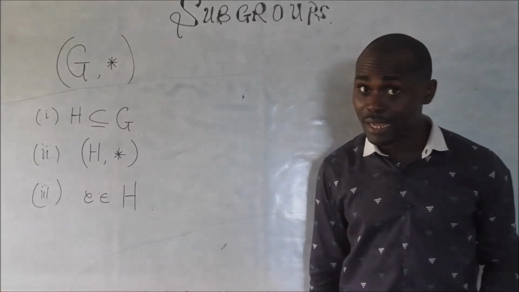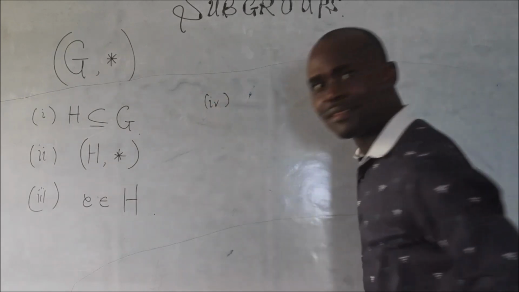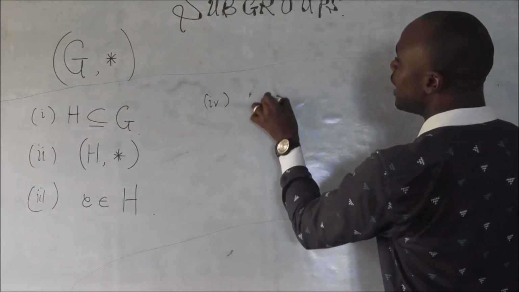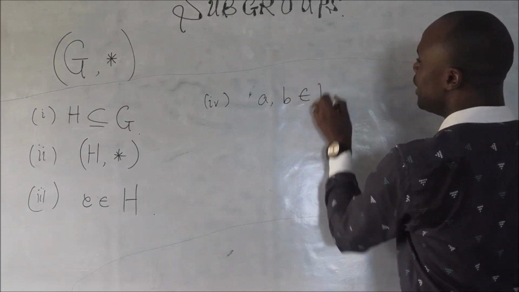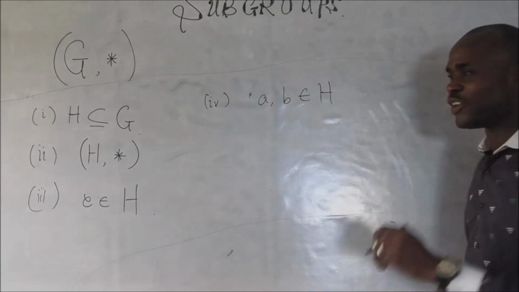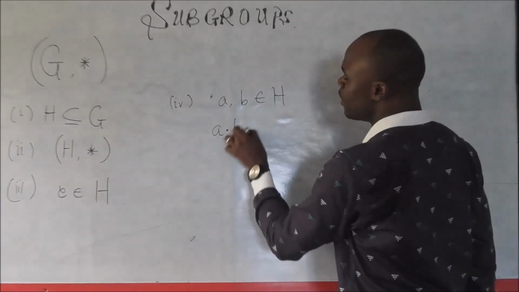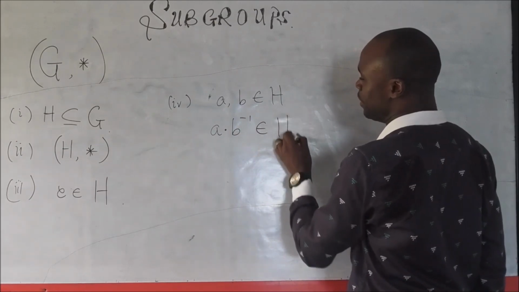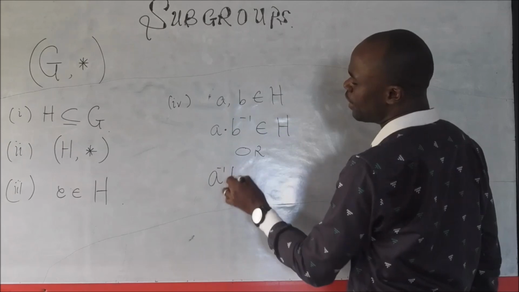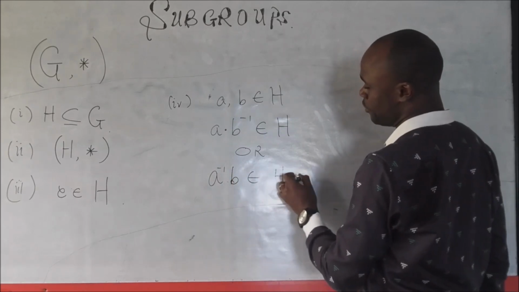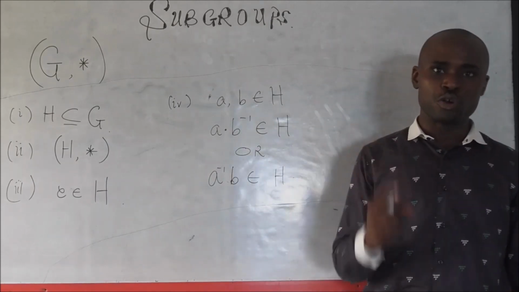And another thing, which I will call the fourth condition, is that whenever you take an element A, you take another element B in H, wow, this is very interesting, the product of the element and the inverse of the other element must be in H, or the inverse of A and B must be in H. This is sometimes referred to as a subgroup test.